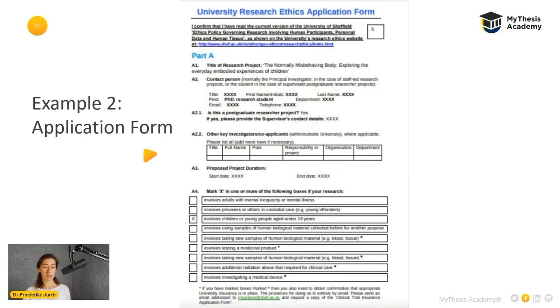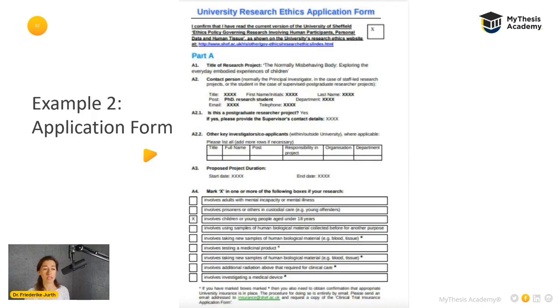And then you should first provide all the details about the responsible investigator: the title, first name and last name, also the affiliation, the department, the email and telephone as the essential contact details.